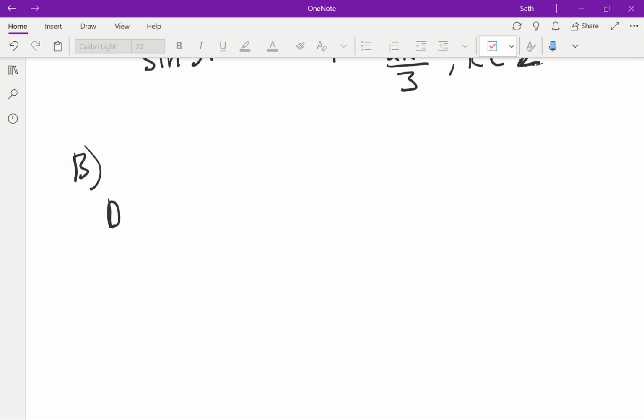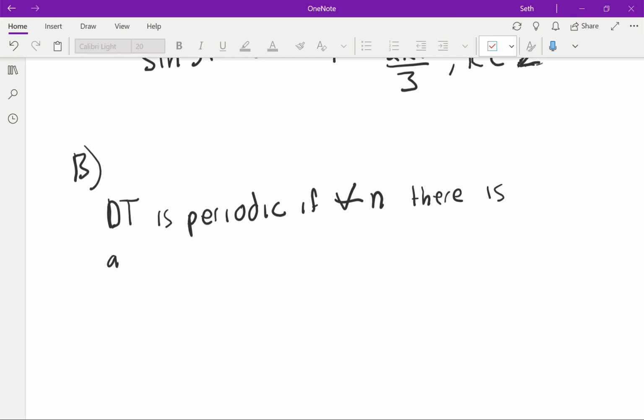So a discrete time function is periodic if for all n there is a capital N, which is going to be our period, such that, that's the such that symbol, that's what it means, x of n plus N is equal to x of n.